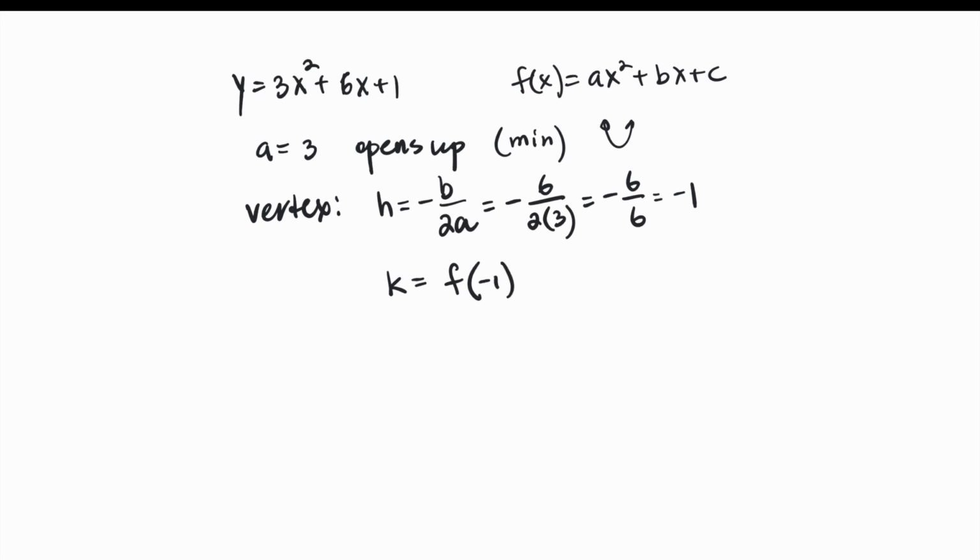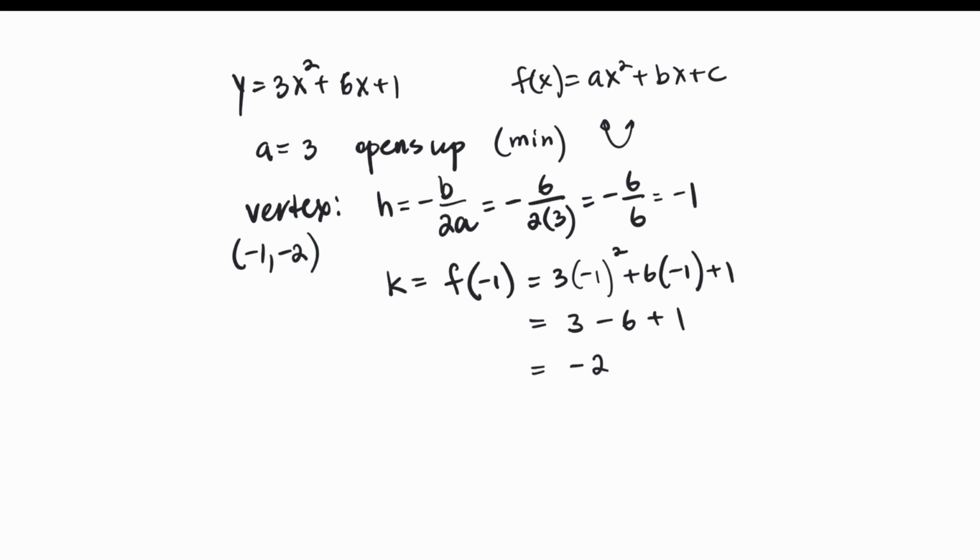So I will be replacing every x in my original function here by negative 1. So the vertex is at the point with coordinates negative 1, comma, negative 2.